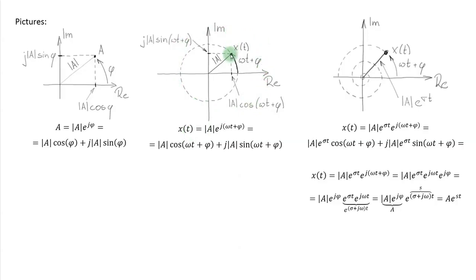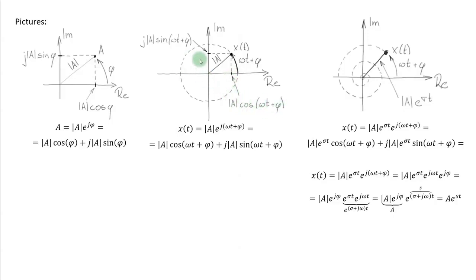My signal x at time 0 will be at this point, and this phase is phi. Then, as time rises, so will the phase of the value of my complex signal. So as the time rises, the value of my signal will move along this circle like this. And when I want to express the real part of my signal, I can write it like this. It's the magnitude times the cosine of omega t plus phi.